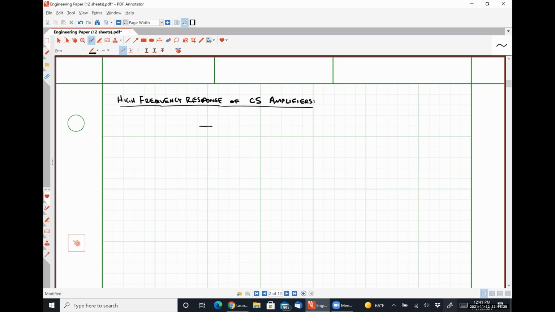The reason why we're looking at these 2 should be very apparent very quickly. Our first is going to be a common source amplifier where we load, sorry, this should be a PMOS transistor. Our common source amplifier with a PMOS current source.